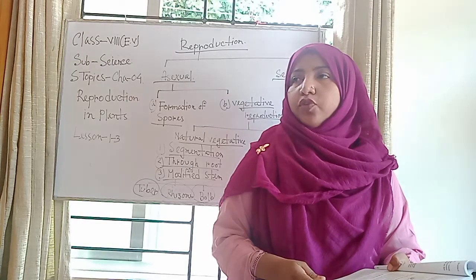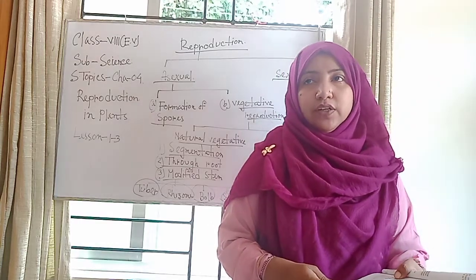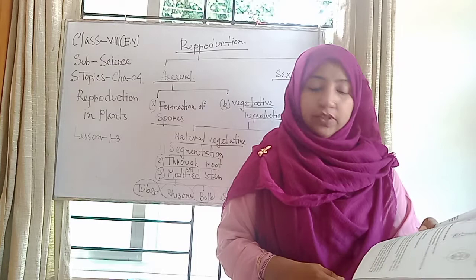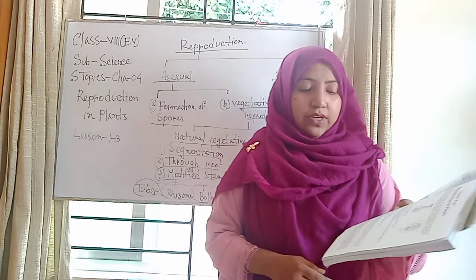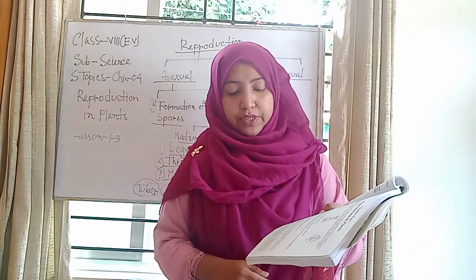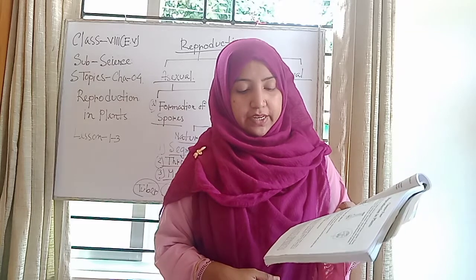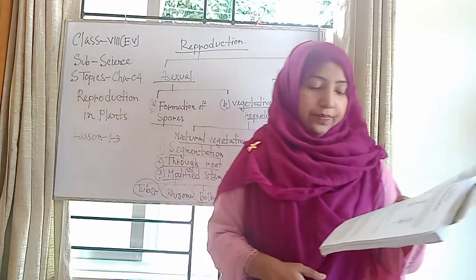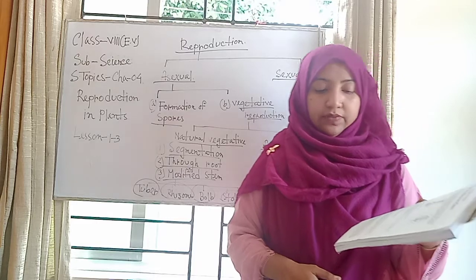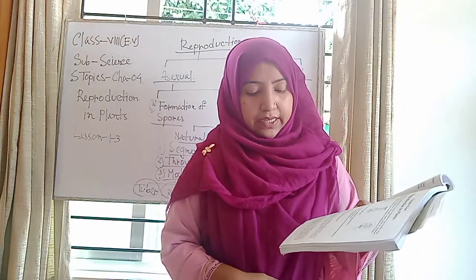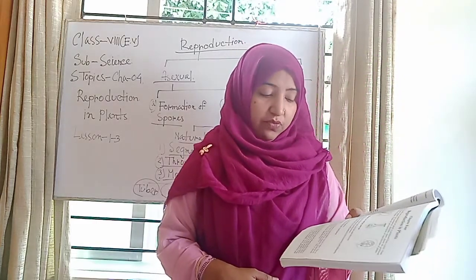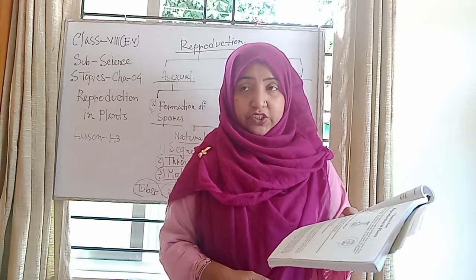Today I have introduced asexual reproduction. Asexual reproduction is a mode of reproduction by which offspring arise from a single parent and inherit the genes of that parent only. It does not involve meiosis or fertilization.